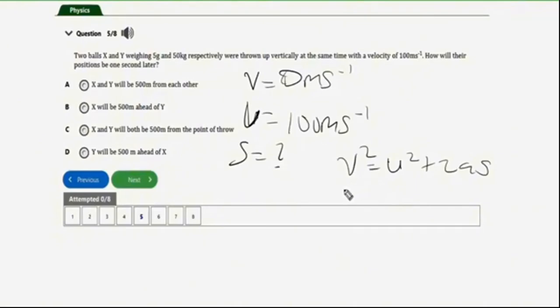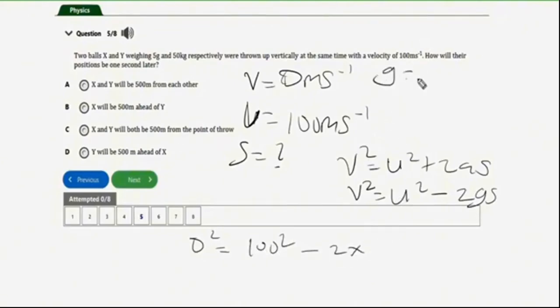And again the balls are thrown up, that means the balls are going against gravity. This will be v square equals u square minus 2gx. So let's plug in the values. Our final velocity is 0 square equals 100 square minus 2 times acceleration due to gravity, g, which is 10 meter per second square, times x.